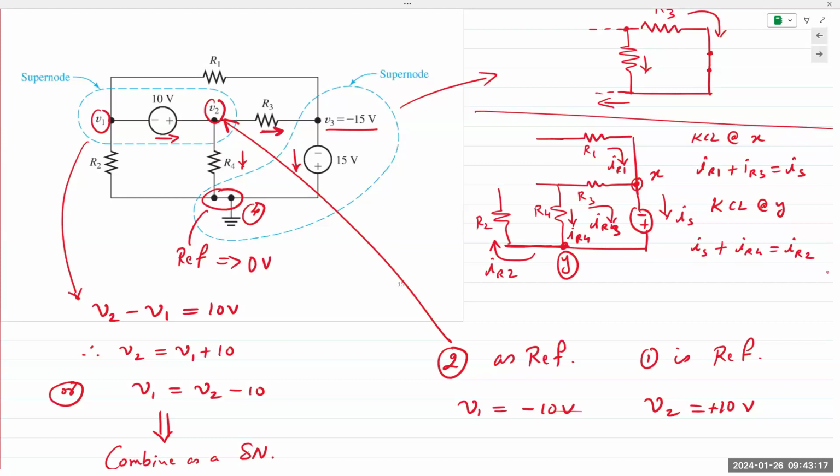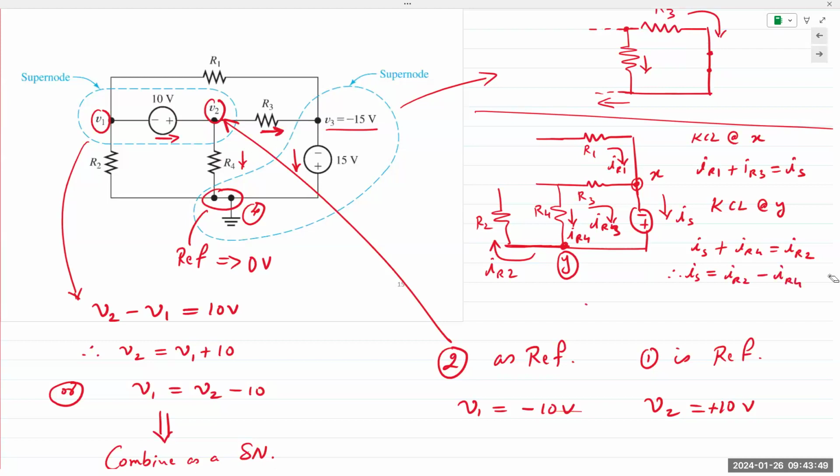Now I would rearrange both equations in terms of IS. If A equals Z and B equals Z, I can write A equals B, right? And so I would express both equations for IS. The first one is already in terms of IS. The second one would be IS is equal to IR2 minus IR4.